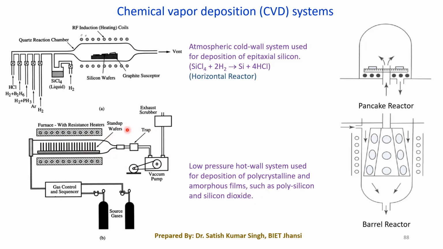Fine. Now you can see that in commercial cases we also have this type of reactor. You may find the pancake reactor, in which the arrangement is a little different. In this case, if we are having RF induction heating, then we will have the heating mechanism here; it may be resistance heating, whatever it may be.